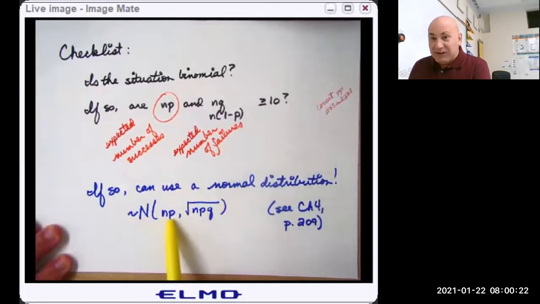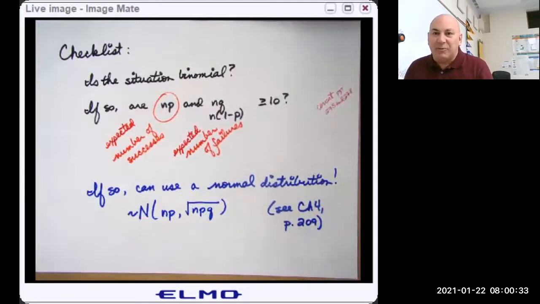So it'll have a mean of n times p and a standard deviation of the square root of npq. Now you can go back in that same book, check chapter 4, page 209, to review a little bit about that, but not necessary unless you want to just get that for your own knowledge.